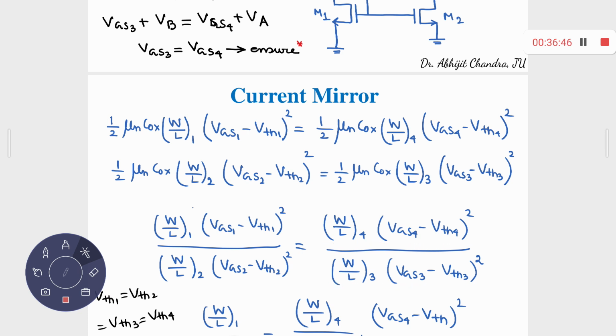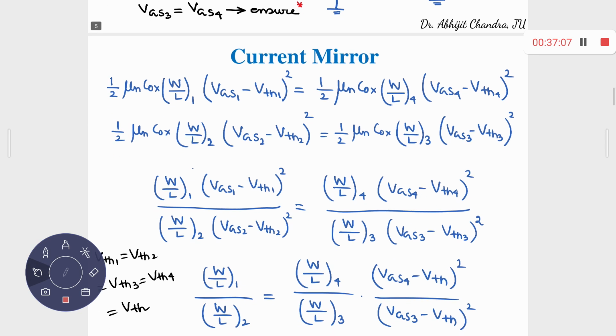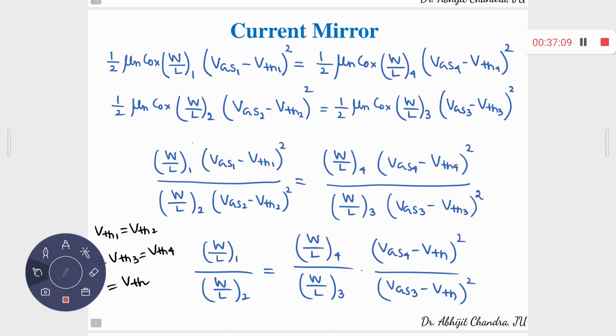But already I know that VGS1 is equal to VGS4, that means this gets cancelled, and I have to make sure that these two are the same. So what is the condition? The condition is that W/L1 upon W/L2 is equal to W/L4 by W/L3. If this condition holds good, then I can have this entire thing.